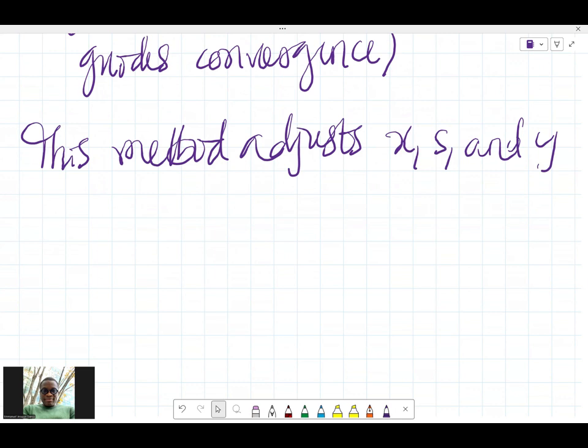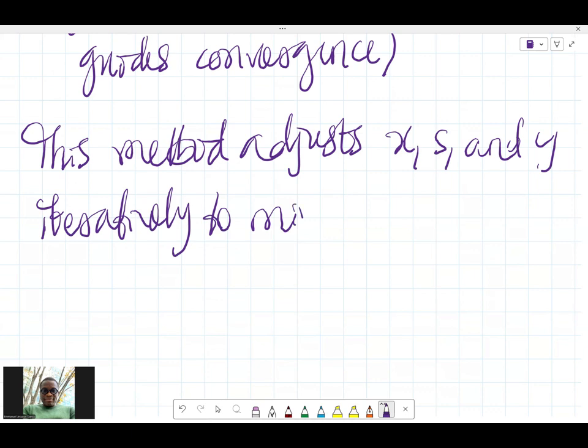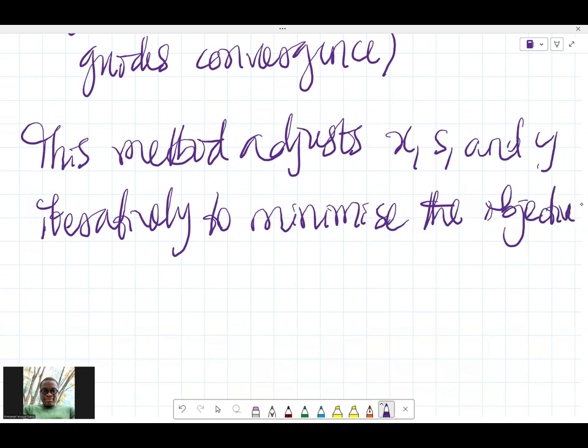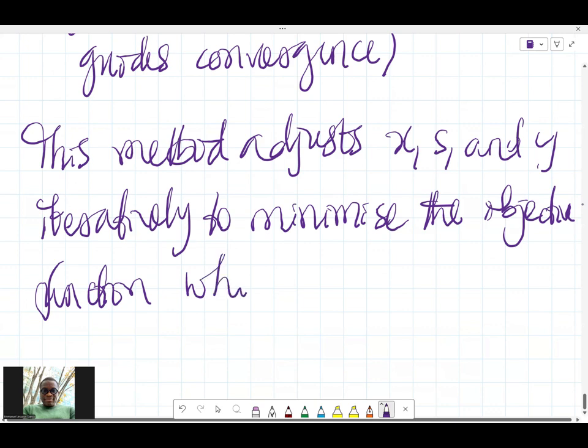So this method adjusts X, S, and Y iteratively to minimize the objective function while ensuring the constraints are satisfied.